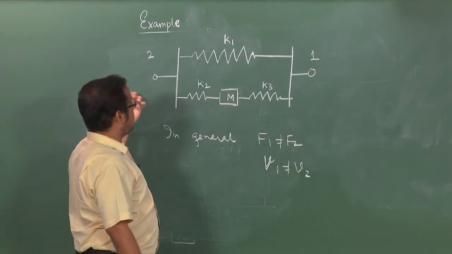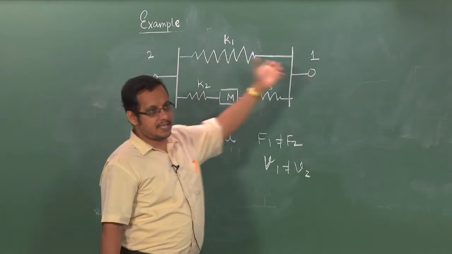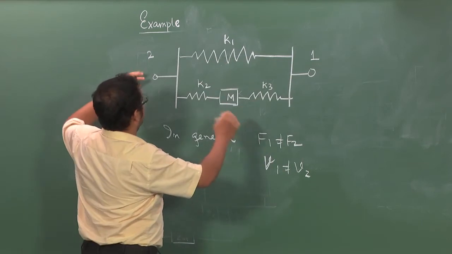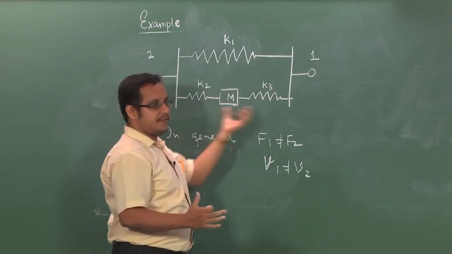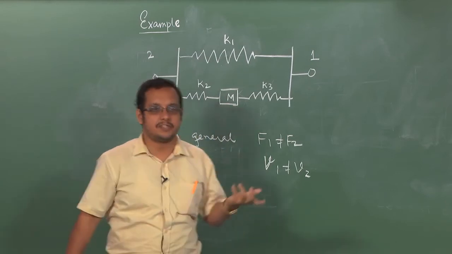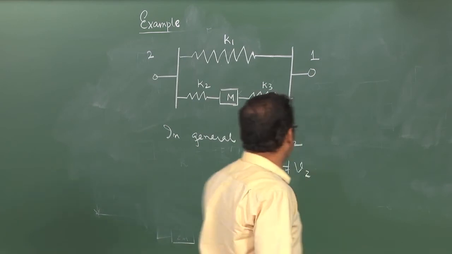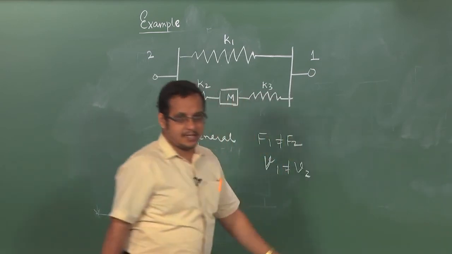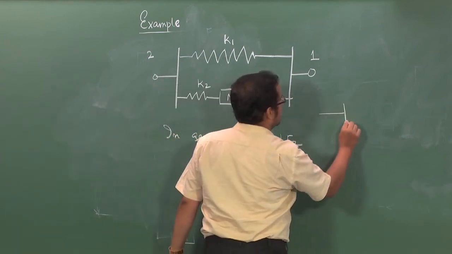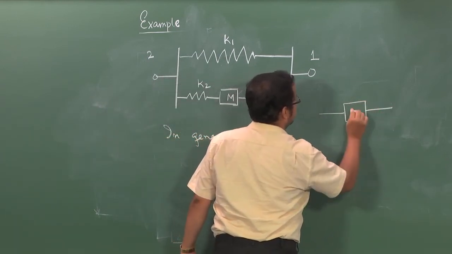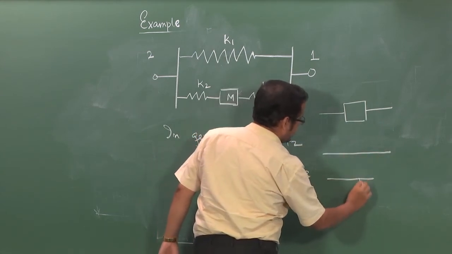Whenever you have a difference in force, that difference will cause the oscillation of this mass, which is fine, right. So, neither of these 2 conditions is satisfied, which means you cannot have an electrical circuit either of this kind or of this kind.